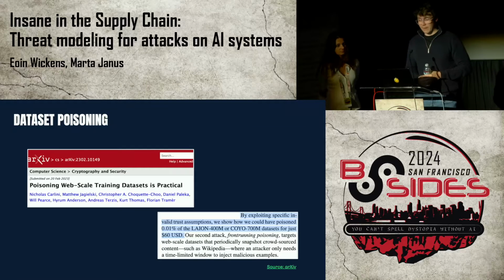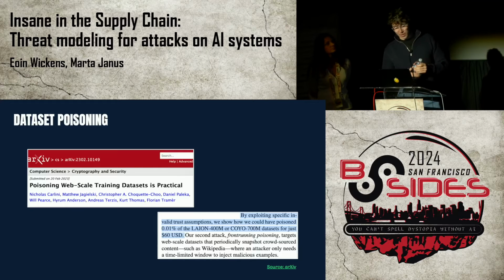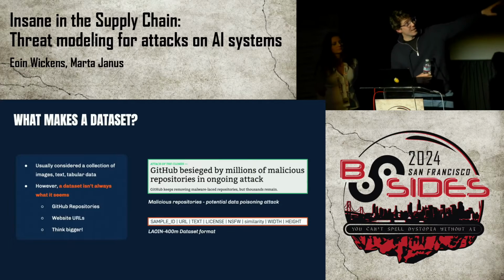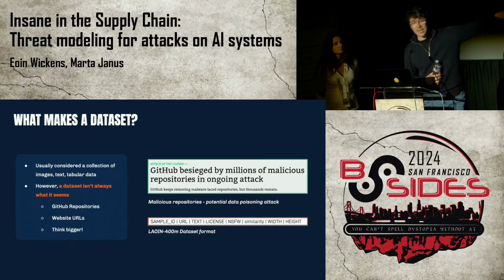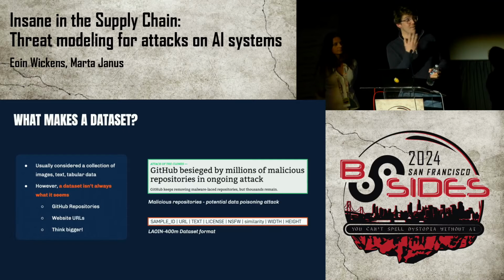One such attack vector was dataset poisoning, proposed by Carlini et al., where they had a paper on poisoning web-scale datasets. They were able to abuse this dataset format, where instead of having the images in the dataset, it pointed to a URL.